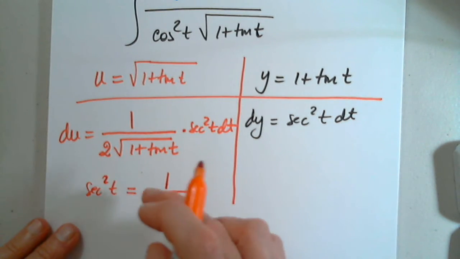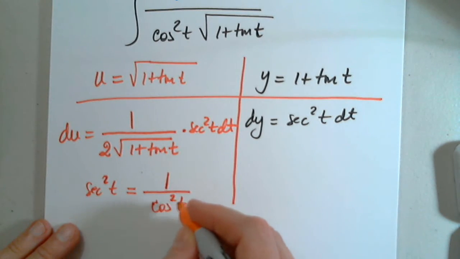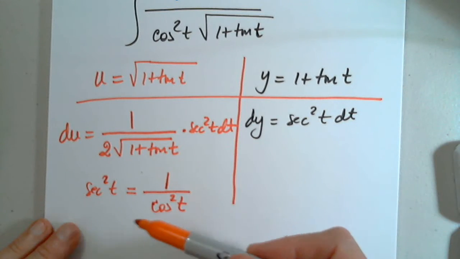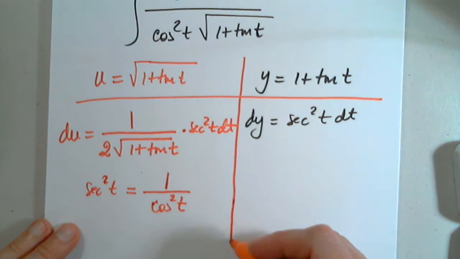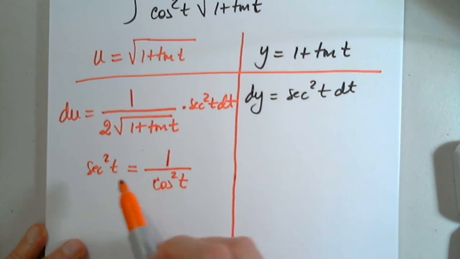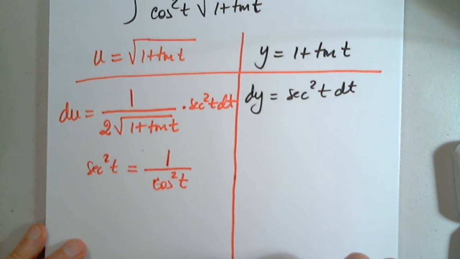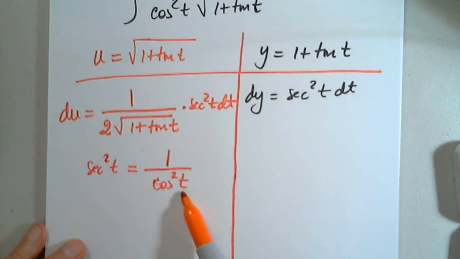So secant is the same as 1 over cosine, right? Secant squared is 1 over cosine squared, correct? Is that okay? We remember this identity? Is that a yes? Yeah, we remember that secant squared is 1 over cosine squared.